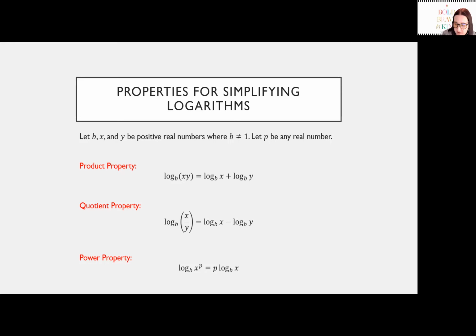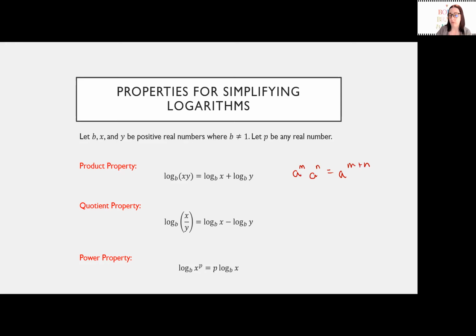The rules of exponents say that if you're multiplying things with the same base, you add the exponents together. Since logarithms are basically giving you the exponent, it makes sense that if you have a logarithm of things multiplied together, you add them, just like what you would do with exponents.